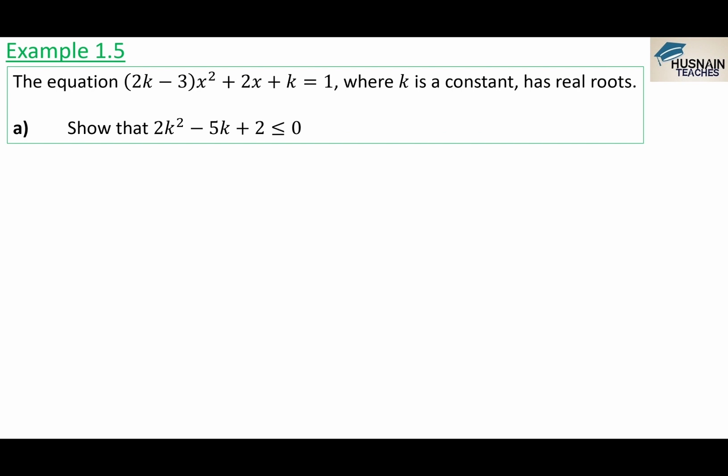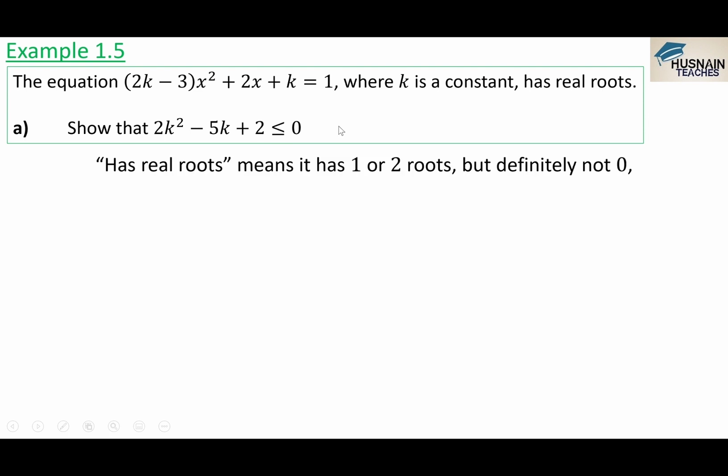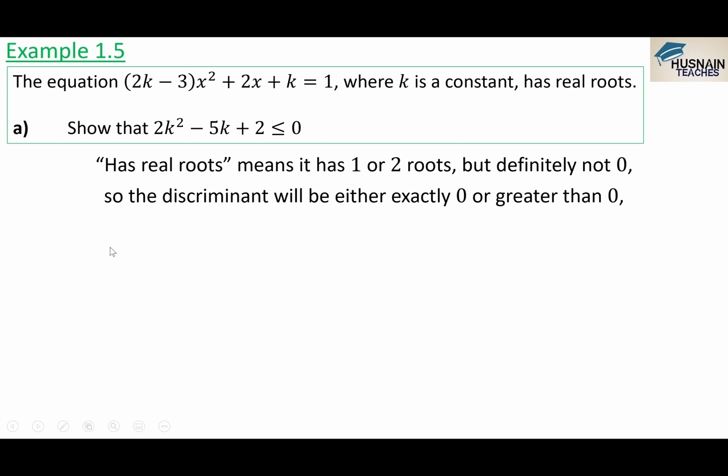Another example, this time we have an equation, k is a constant, and all we know is that it has real roots. We're asked to show that this inequality is true. So again, we'll start off by realizing that when it says has real roots, it means that it either has one or two roots, but definitely not 0 roots. So the discriminant will either be exactly 0, and that's when it has one root, or it'll be greater than 0, and that's when it has two roots.